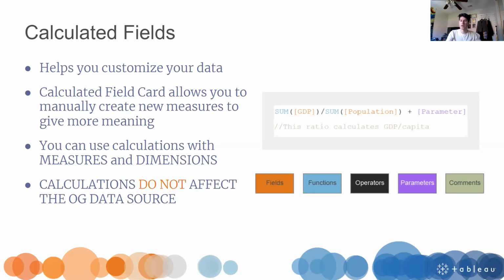Operators are going to be really PEMDAS, so if you wanted to use parentheses or brackets, you can use your operators. Parameters, that's going to be discussed in next class, but it will be shown in purple. And comments will be shown in green.